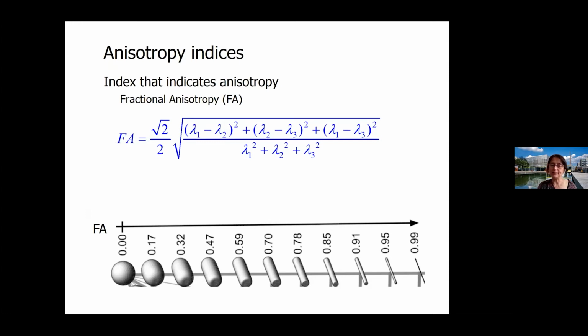But also in this case, for example, the fractional anisotropy measures how different you are from spherical, but this can be linear, like I'm showing here below, but you can also get a disc-like diffusion, so you still will not have a preferred direction, but you will be on the plane, and this fractional anisotropy is not able to discern that.